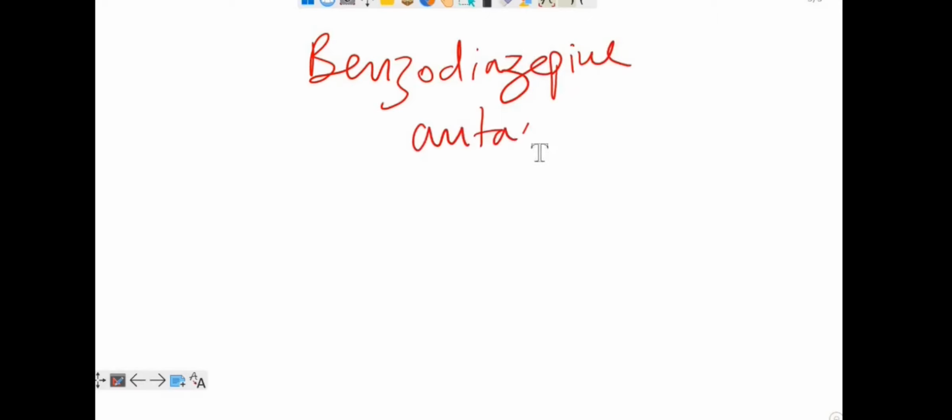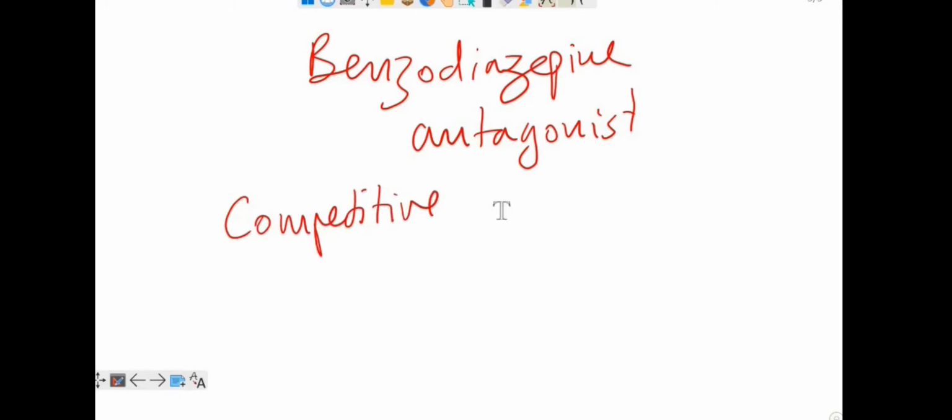These drugs usually act as a receptor blocker, a competitive antagonist at the benzodiazepine receptor. They don't act as positive allosteric agonists. They sit in the receptor and prevent the access of benzodiazepines to these receptors.